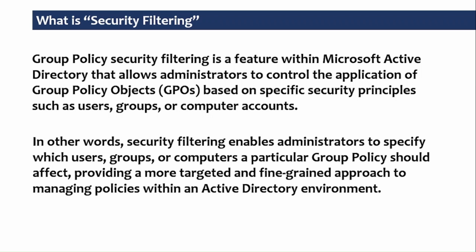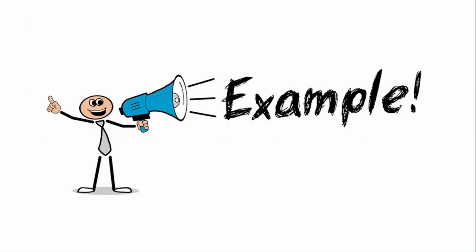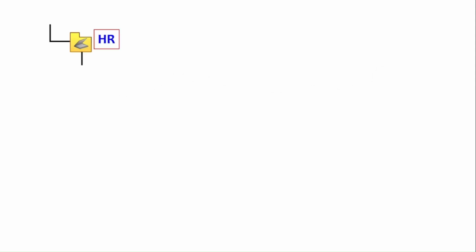Absolutely, this is a bookish definition, and even it's very difficult for me to understand the bookish definition. So let's straight away jump on to an example. What exactly is security filtering here?